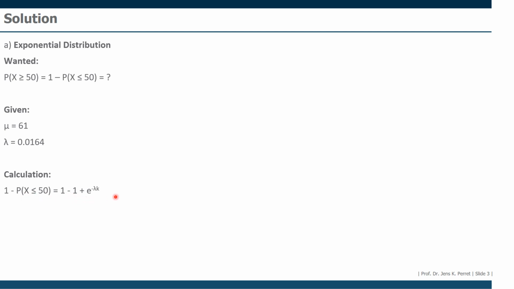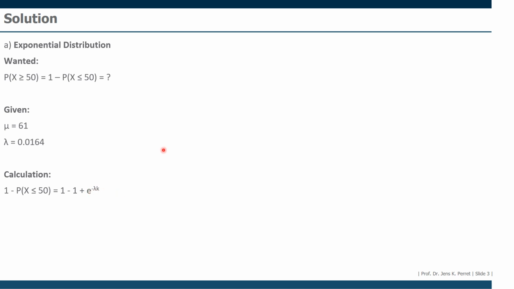This would actually be 1 minus e to the power of minus lambda k. Since I have the minus before this, I have 1 minus 1. Minus minus gives a plus at this point. And I see the one here, they cancel each other out. So I'm left only with the term e to the power of minus lambda k.